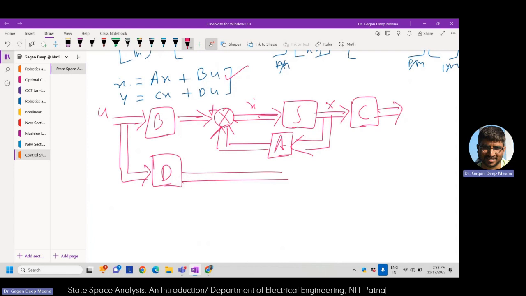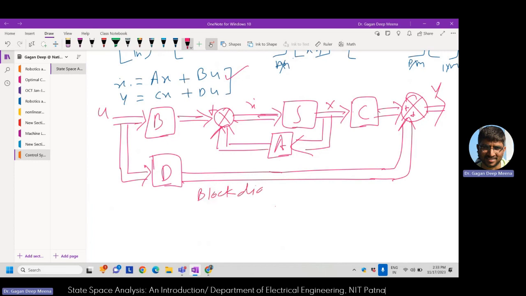So I'll add this here, and I'll add this here. There would be a summer, adding two positives and giving me the output, and that output is nothing but y. So my output is y is equals to cx plus du. That's the block diagram of the state model.